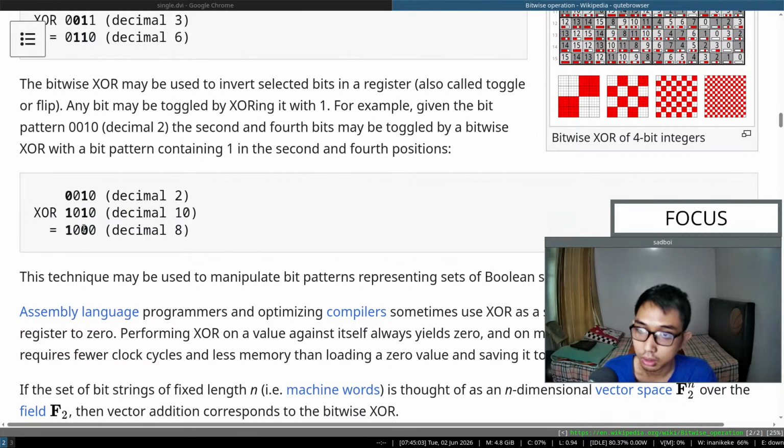Oh, interesting. Right, if we were using only OR, this one would be 1, not 0. But we are toggling this off, I assume, something like this. 0 is off or false, and then 1 is true or on. So this one becomes 0, and the one that is 0 becomes 1.